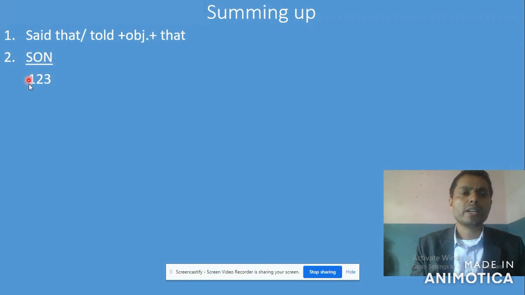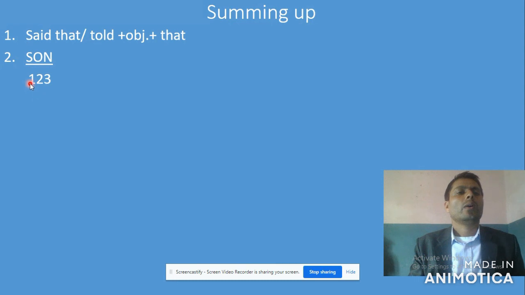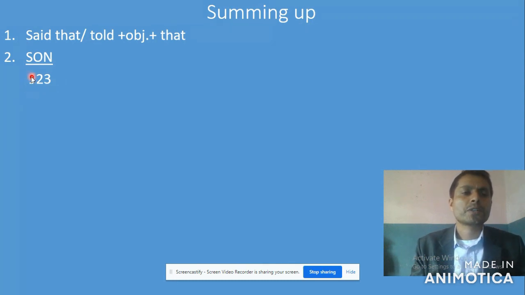SON, open, 1 2 3. It means if there is a first person pronoun in reported speech, we change the pronoun according to the subject of the reporting speech, not the reported speech, just before the comma. Get it?